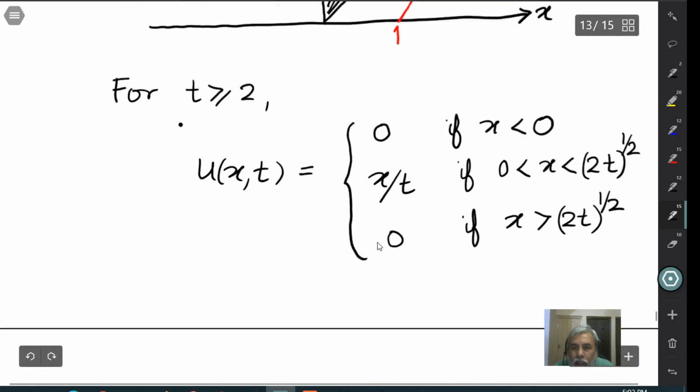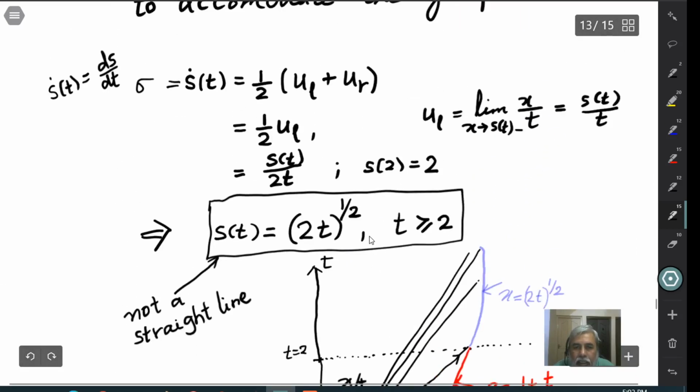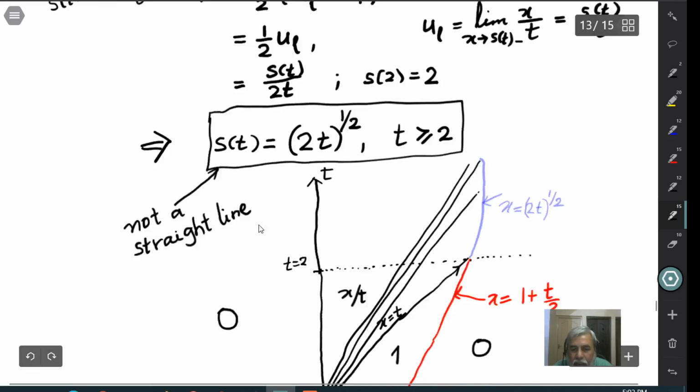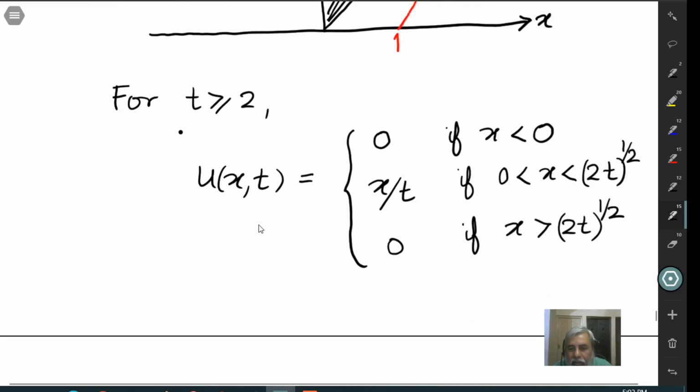Since this shock curve is constructed to satisfy the jump condition, there is no need to further check that, so it's automatically satisfied, and we have this solution.